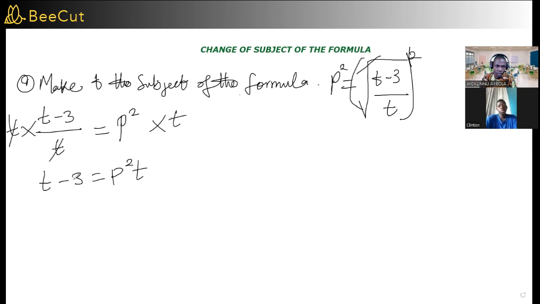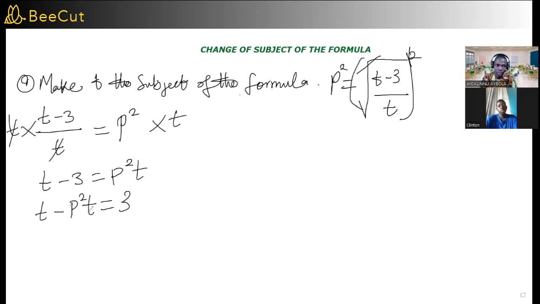Then 3 is here, negative. When it crosses to the other side, it becomes positive. And this P squared T is positive. When it comes to meet this other T, it's going to become negative. So I have T minus P squared T equal to positive 3. Now I can see T here and T here. So I'm going to factorize.